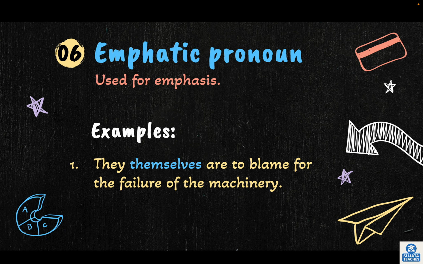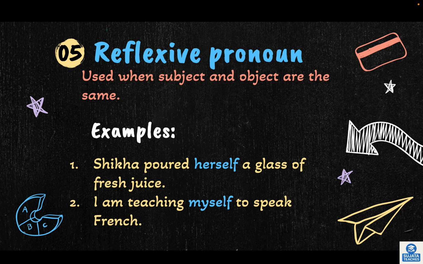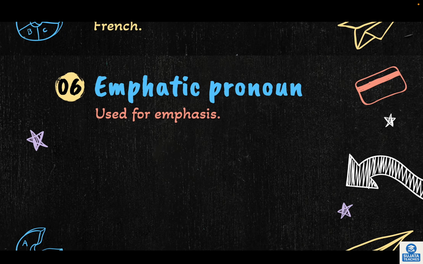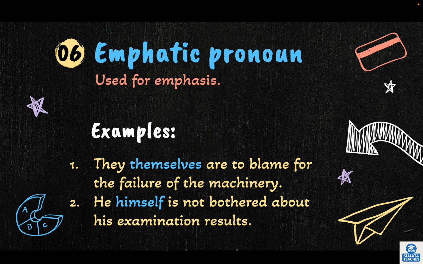Here the words themselves, myself will be the same as reflexive pronoun, but the difference between them is that the word themselves, herself, myself will be immediately after the subject, whereas in reflexive pronoun there will be a verb in between. As you can see here, I'll show you. Here there is a verb between the subject and object, whereas in emphatic pronouns there are no verbs in between. The second example, he himself is not bothered about his examination results, so the word himself is an emphatic pronoun here.